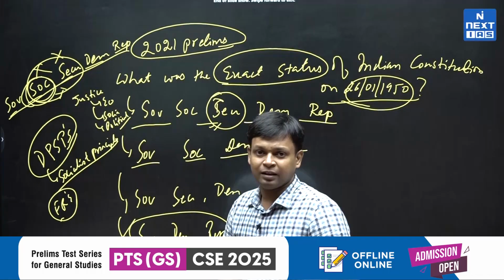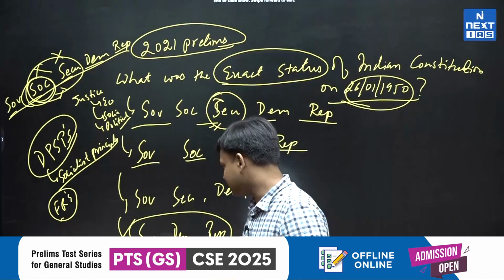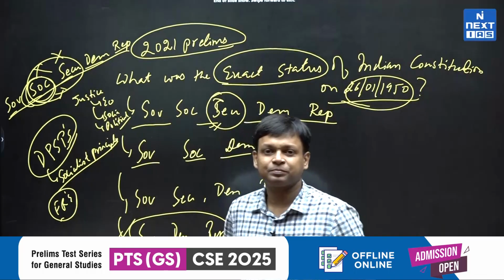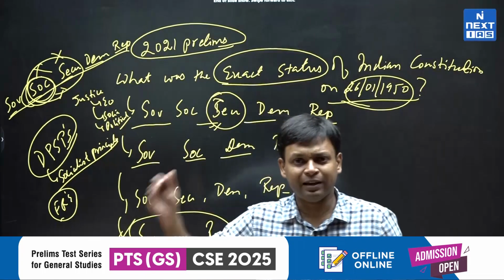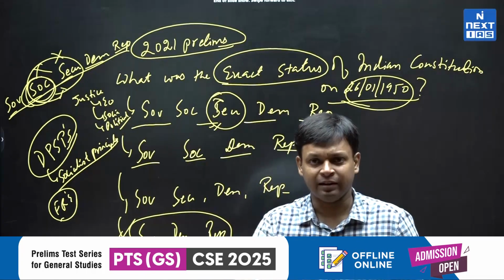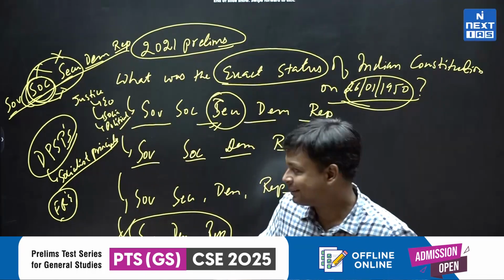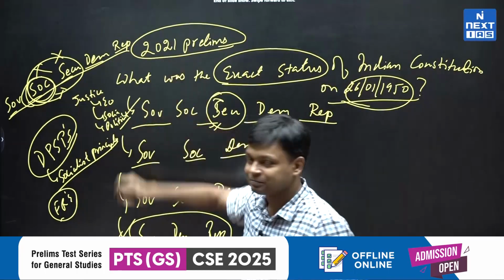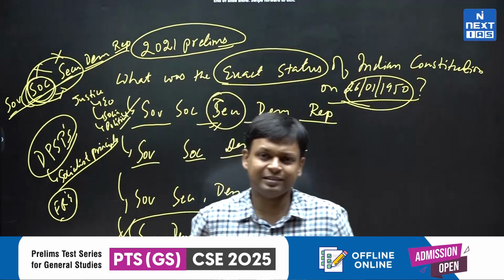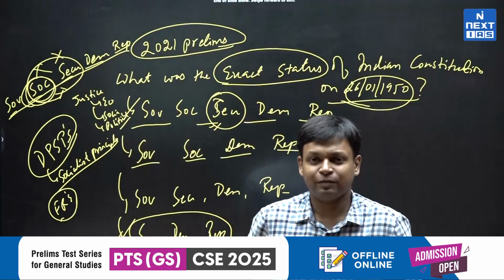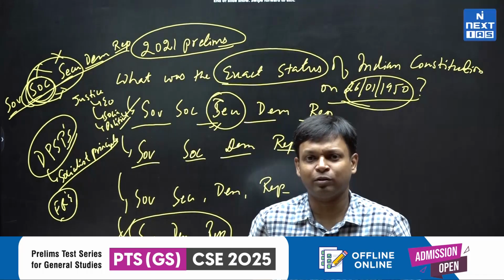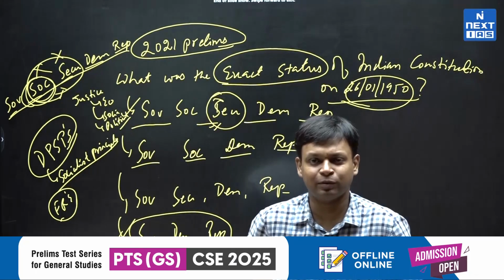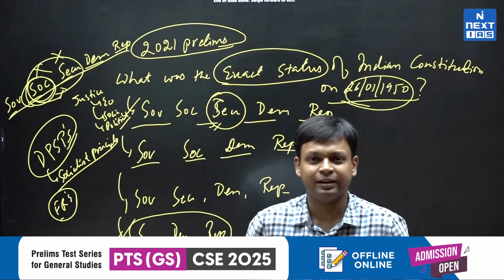But UPSC gave this statement as the correct answer. Okay? So if you apply your mind and use interpretation, then this answer would be correct. That when we talk about the nature or status of the Indian constitution, it was sovereign, socialist, secular, democratic republic.